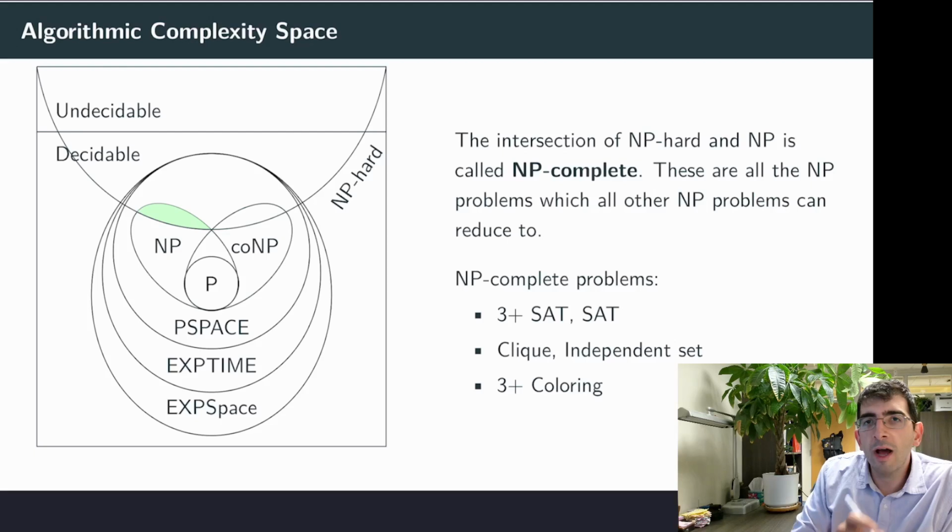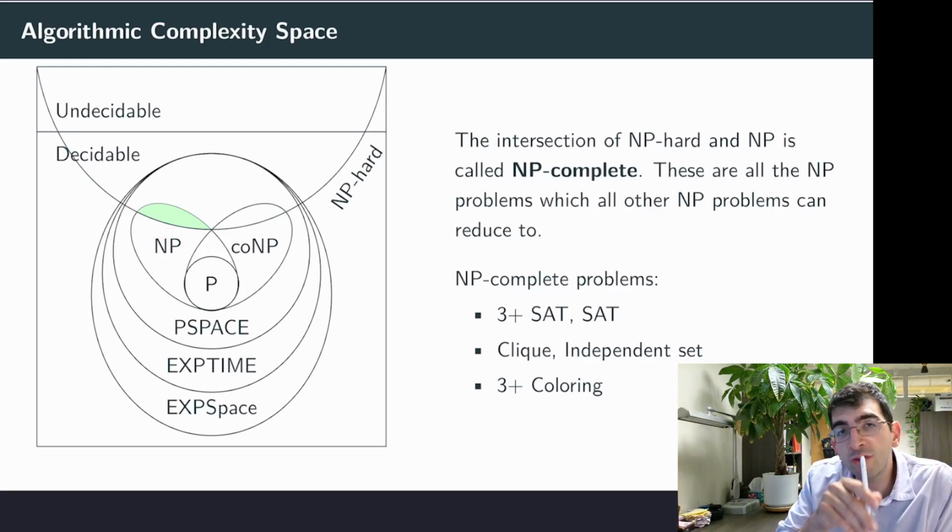Okay, so NP complete means a problem is both in NP, i.e. a non-deterministic Turing machine can solve that problem in polynomial time, and also that it's NP hard, that it is as hard as all the other hard NP problems that exist.